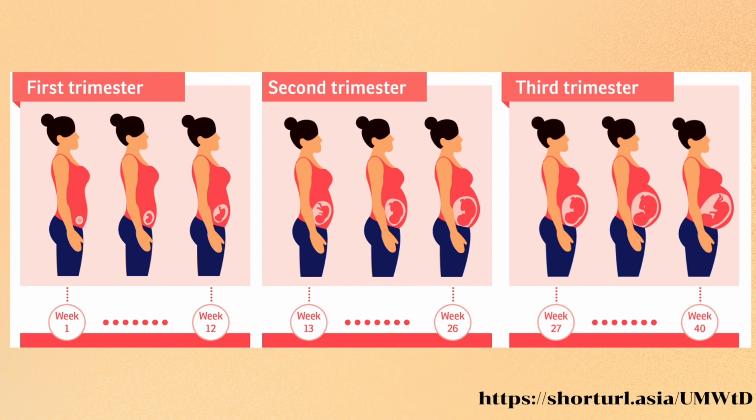In the second trimester, more nerve connections and brain tissue are formed. In the third trimester, the cerebral cortex starts to take over from the brain stem, preparing your baby for future learning.